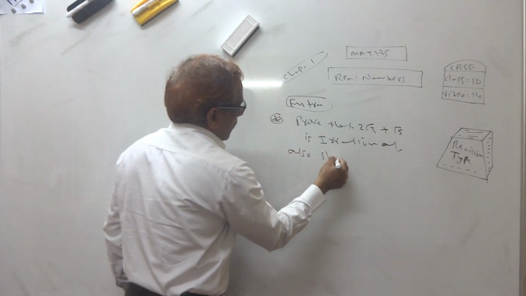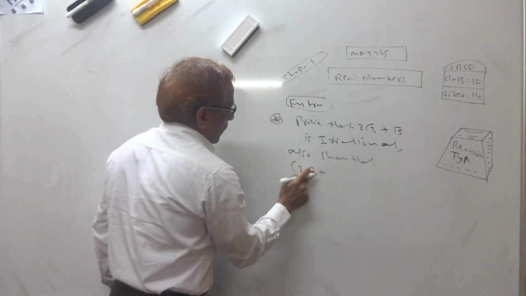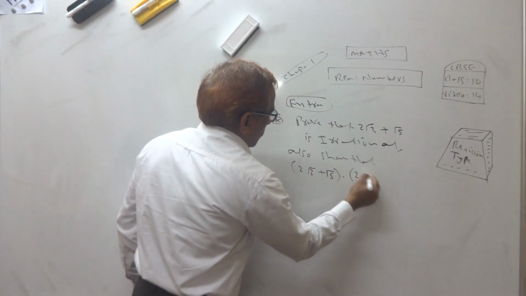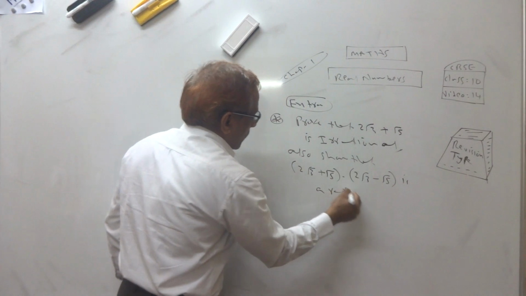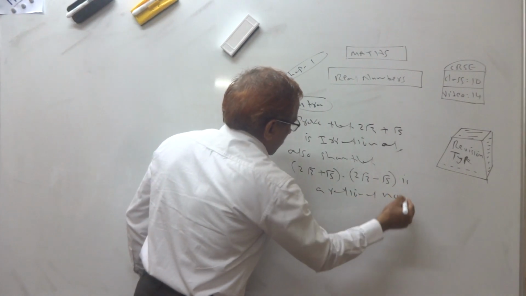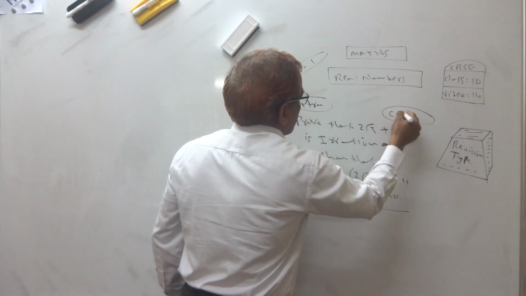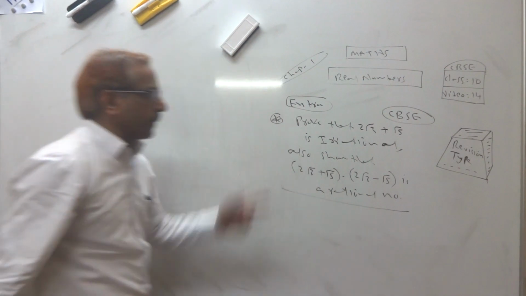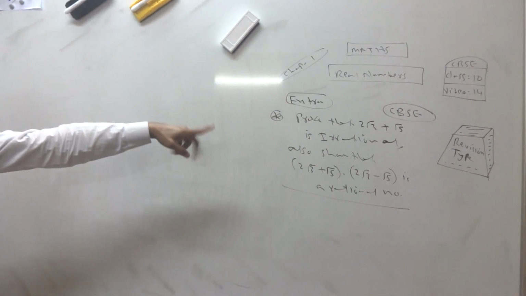Also show that 2 root 3 plus root 5 dot 2 root 3 minus root 5 is a rational number. This question was given in the board exam previously, CBSE, from board papers. Extra question. Prove that 2 root 3 plus root 5 is irrational.